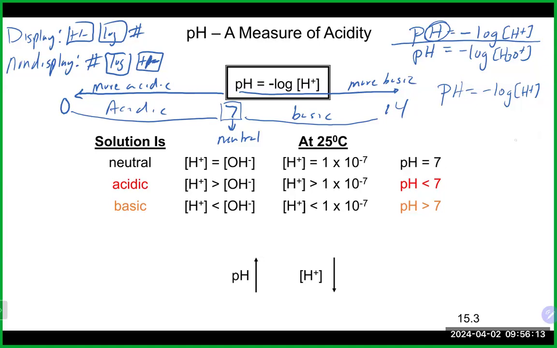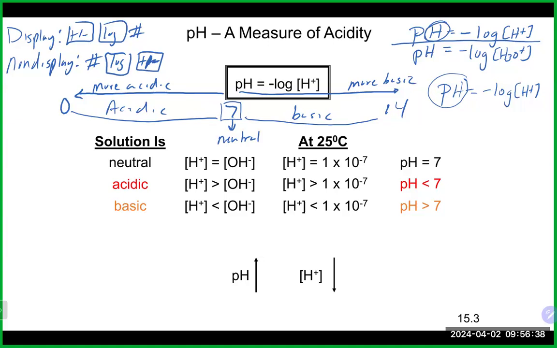So when we look at the pH, that is the pH value there to determine if something is acidic, basic, or neutral. And by the way, when you are asked that question, there really is only one answer. The solution is either acidic, basic, or neutral. It is not acidic and basic, like I've seen on many exams over the years.